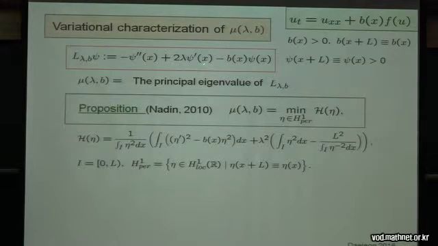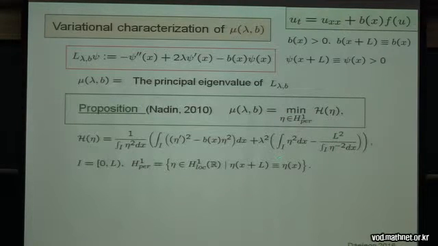But there is an additional lambda. What is the role of this lambda in the eigenvalue characterization? It is here. It is a bit strange here. The integral of eta squared is okay, but here comes minus L squared over the integral of eta to the 2. It looks a little strange.